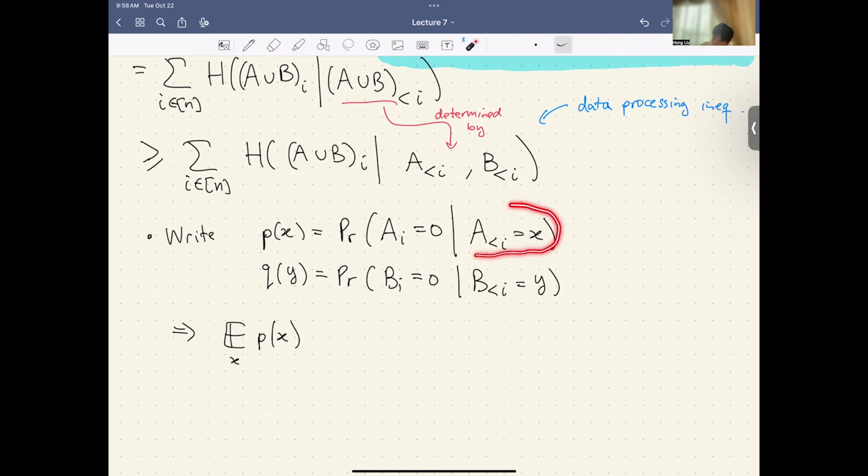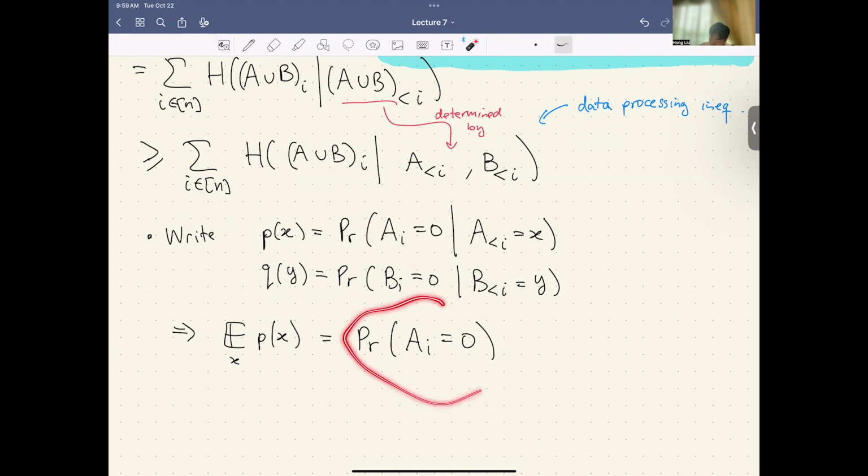Over all possible x, definition of Px is nothing but the probability of A_i equal to 0, right? This is the probability A_i equal to 0.